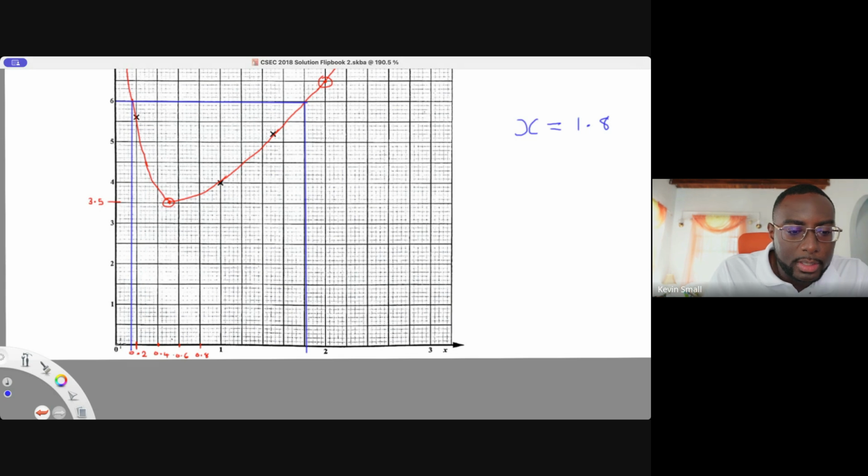So let me see. 1, 2, 3. So this x value here is a little bit less than the 0.2, I get 0.12.